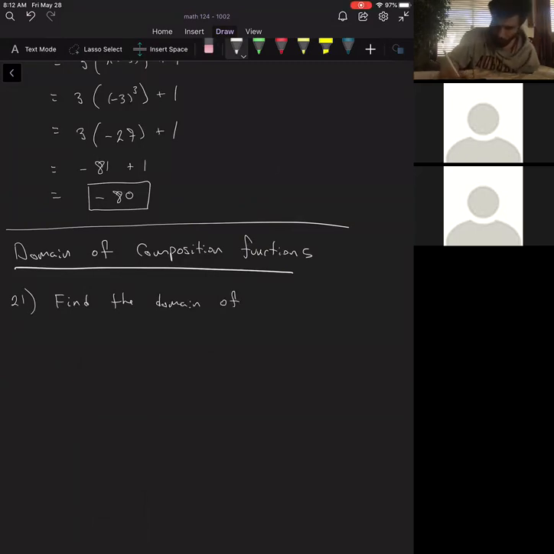It's telling us to do f of g and g of f, but for this one, let's just do one of them. And in this problem, we have f of x is equal to x squared minus 3, and g of x is equal to 4x minus 3.